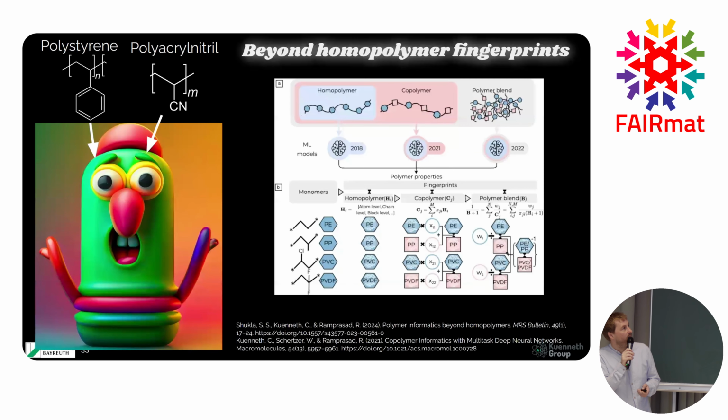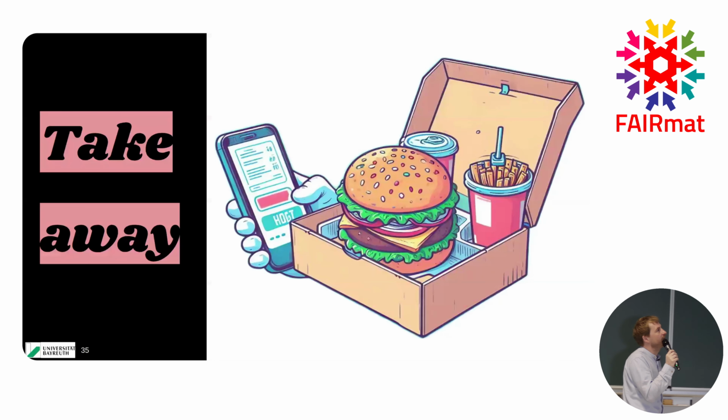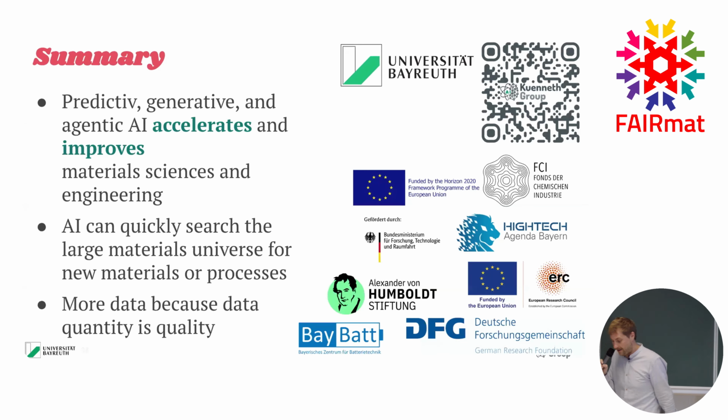I'm just going to skip this and go straight to the takeaway. This is my last slide for today. I just want to give a very brief and quick summary. I think predictive and generative and now agentic AI is really cool.